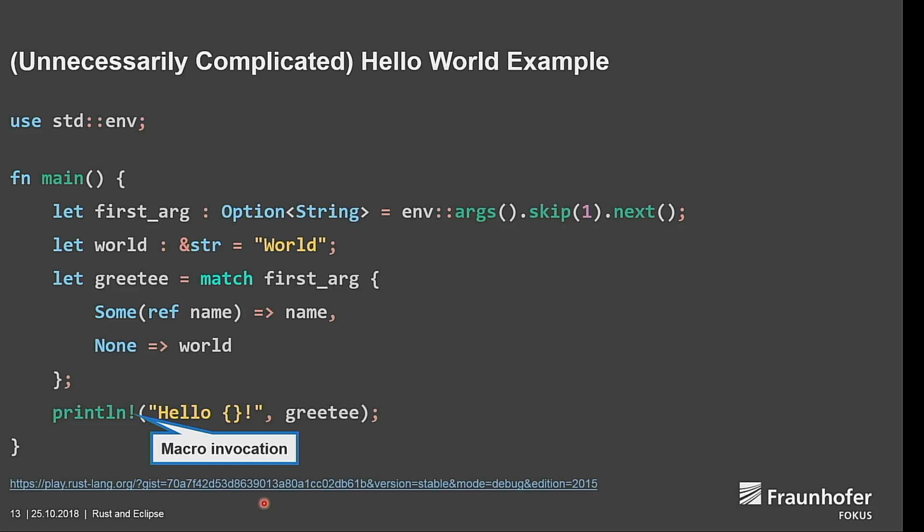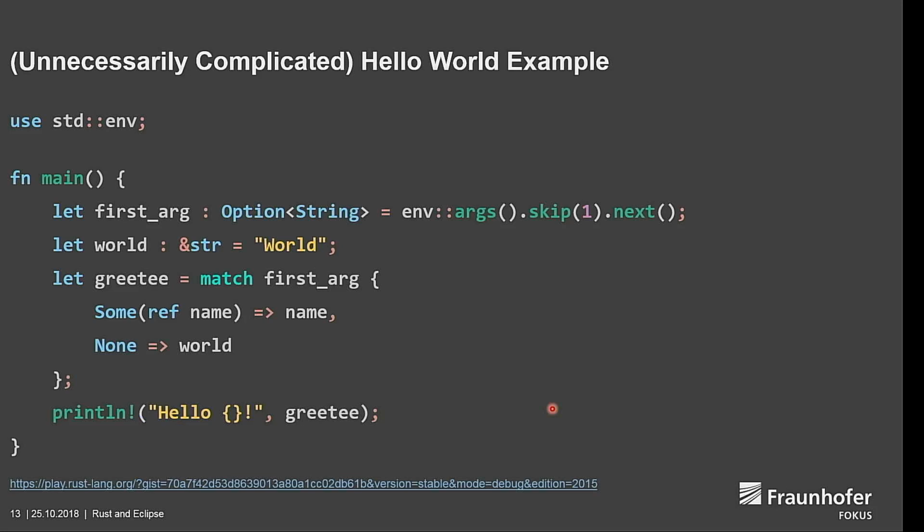And why is println a macro? Because it can check at compile time. There are placeholders here. They're replaced with values that are passed to the macro, and it will ensure at compile time that there are the exact number of placeholders here as parameters passed in. So it won't compile if this doesn't match.